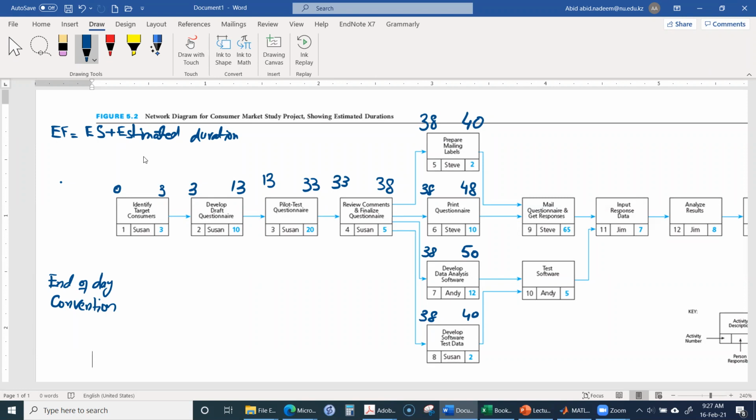For this activity, 5 and 6 are the preceding activities, because from the relationship arrows we can see that. For this activity, 7 and 8 are the preceding activities. For 9, 7 and 10, 8 are not the preceding activities.